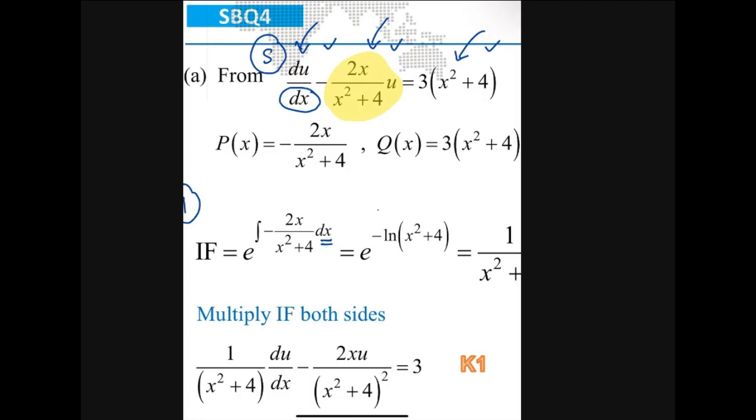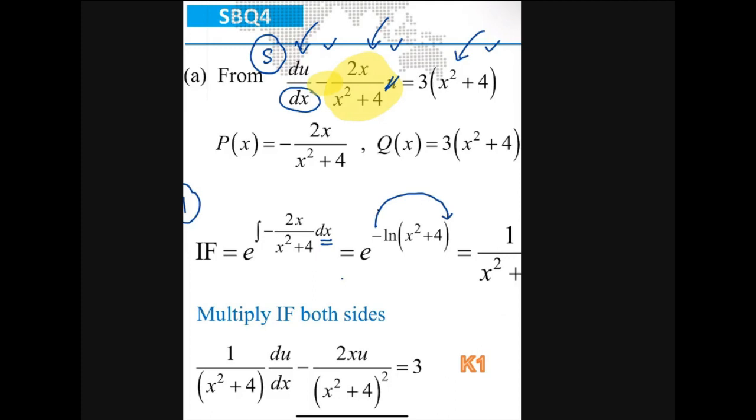Since we decided dx, you only have to choose the x variable, together with the sign. Don't drop the sign here because we have negative. You just have to ignore u. So that's how we get exponent to the power of negative 2x over x squared plus 4 dx. And then integrating this, we get exponent to the power of negative ln of x squared plus 4. Remember, exponent to the power of ln can be simplified, with a condition that the coefficient in front of ln cannot have any extra constant.